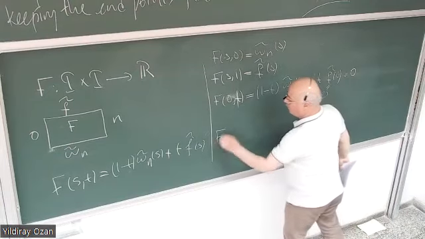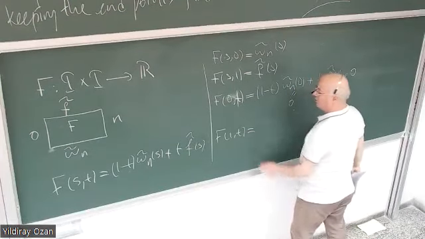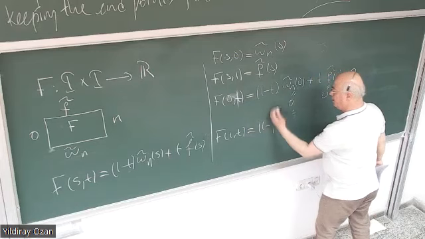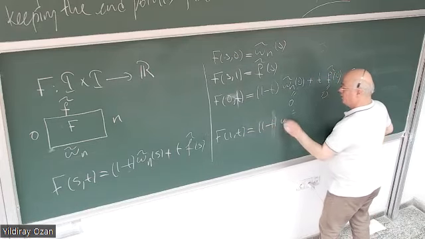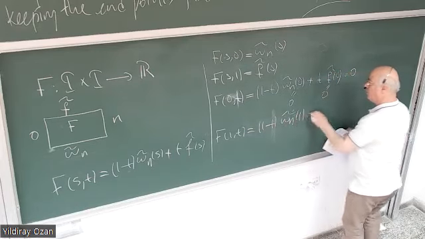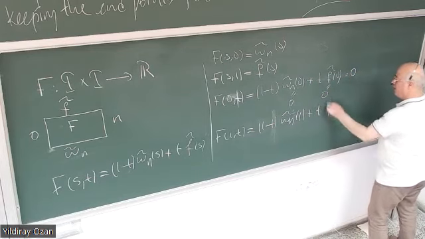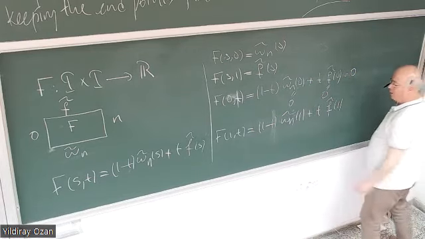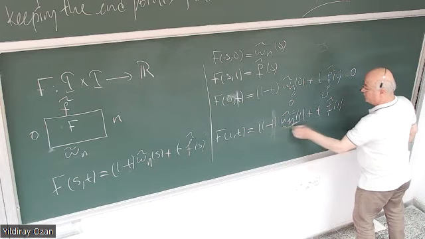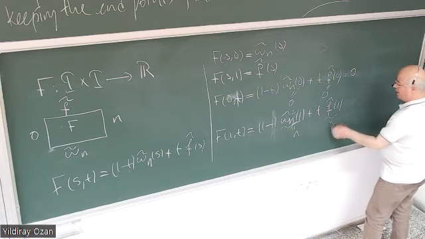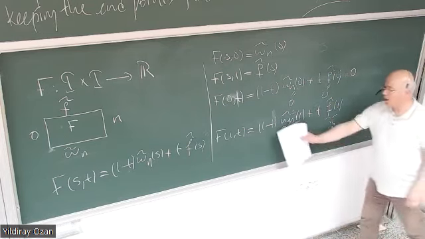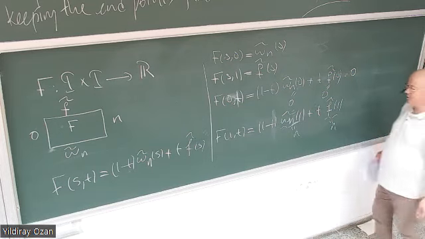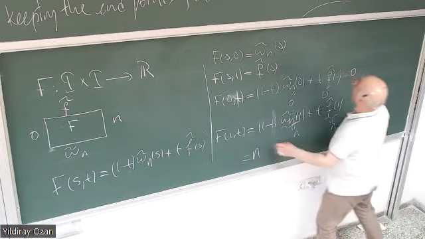And F of 1, t is just 1 minus t times W n tilde 1 plus t times F tilde 1. But this time, this is n and this is n. So 1 minus t times n plus t times n. Of course, this is just n.